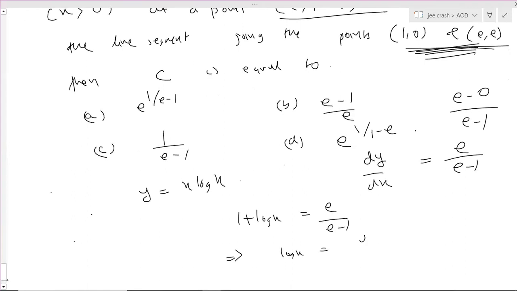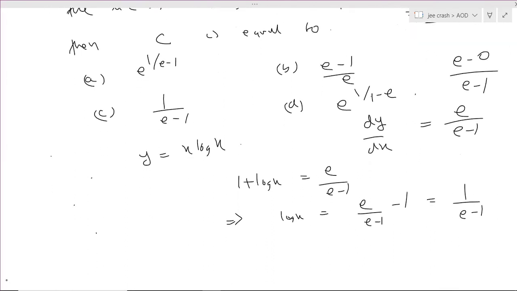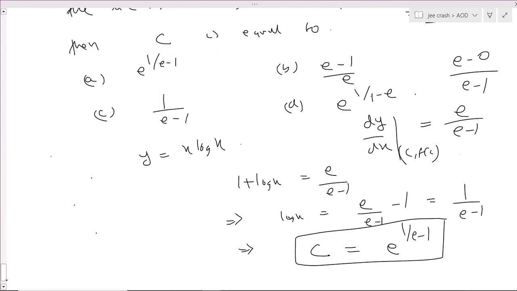Log x equals e upon e minus 1 minus 1, so this is 1 upon e minus 1. And we have to find this differentiation at c comma f of c. So this will be log c, right? So c will be equal to e to the power 1 upon e minus 1. Very simple. This is the final answer.